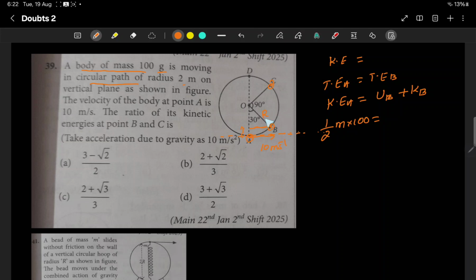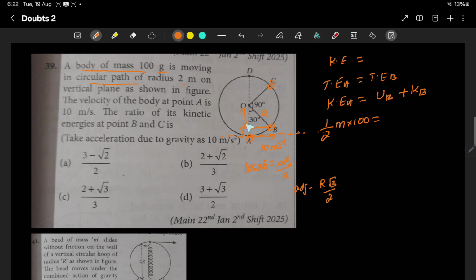What we can do here is, cos 30 degree is nothing but adjacent by r, and this adjacent is nothing but this height. So your adjacent is r cos 30, which is r root 3 by 2.